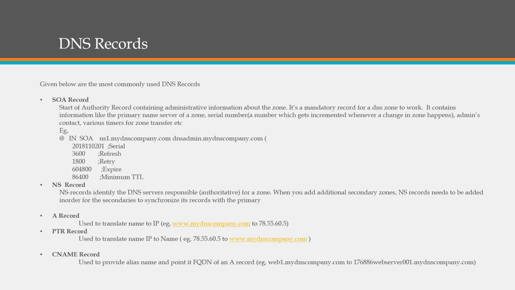Another most commonly used record is a CNAME record, and that's used to provide an alias name, and it points to an FQDN of an A record.